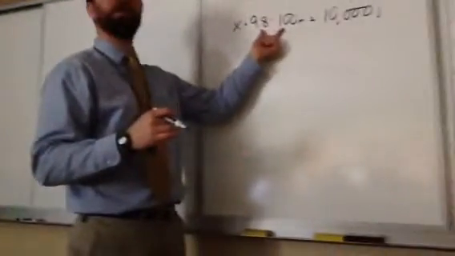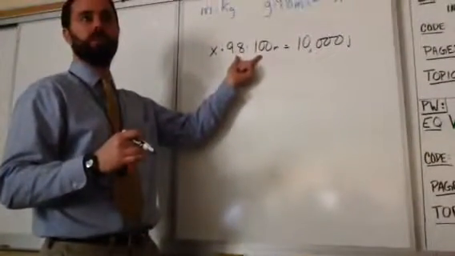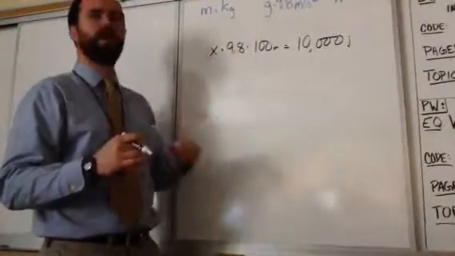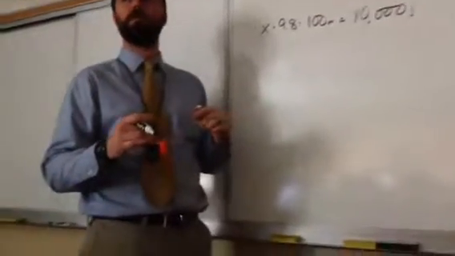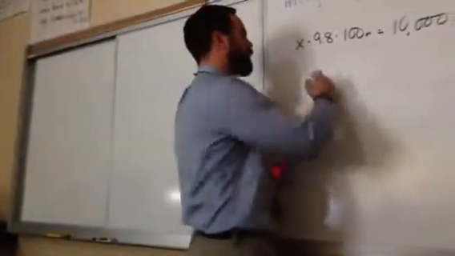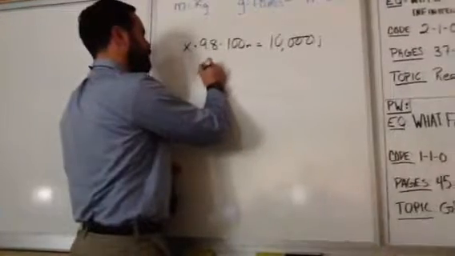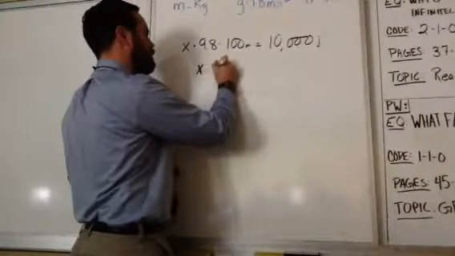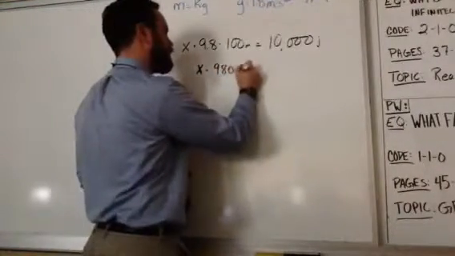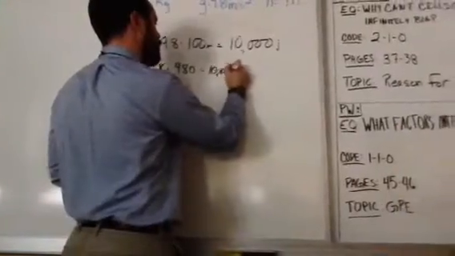First thing, since these numbers are known, you can just multiply those things together. When you multiply 9.8 times 100, you get 980, I think. So we know that x times 980 is going to get us 10,000.